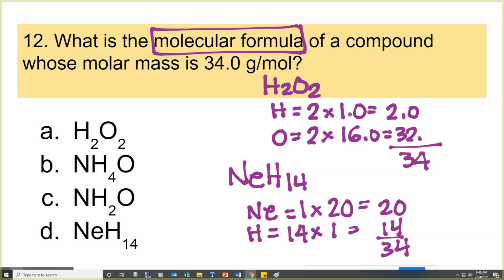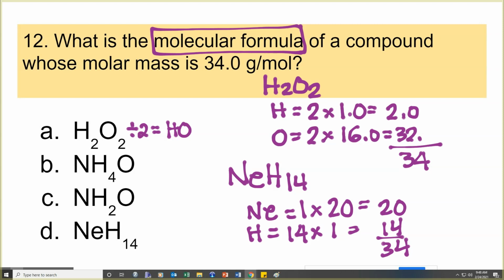So again, in a molecular formula, you can find a common number to divide all the subscripts and make them lower. So let's see. In the first one, can you lower the subscripts there? Yes, by dividing it by 2. So I divide the subscripts by 2 and I get HO. Okay, so H2O2 is a molecular formula.